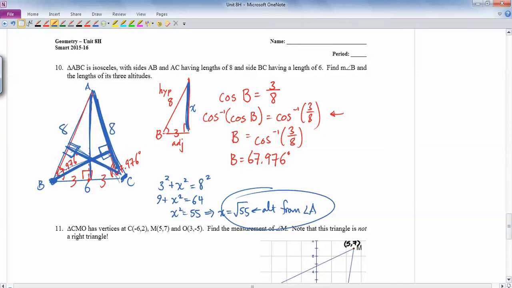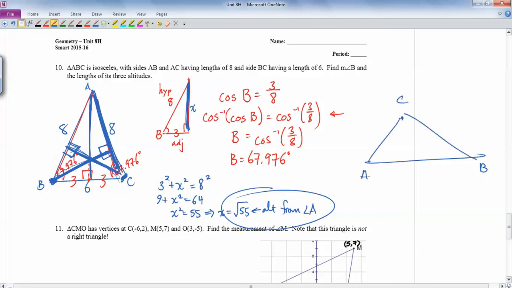But so we're looking for these altitudes that come from B and from C. So let me redraw the triangle so that, let's say, C is at the top. So AB is at the bottom, and let's say this is AB. And then C would be about here instead.